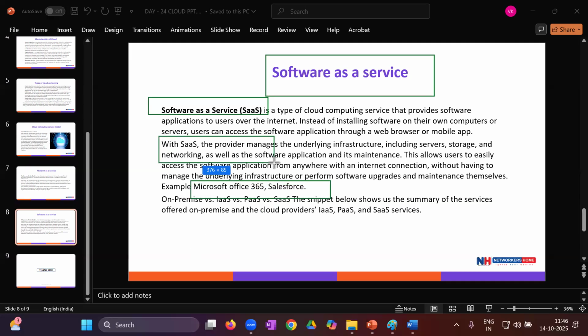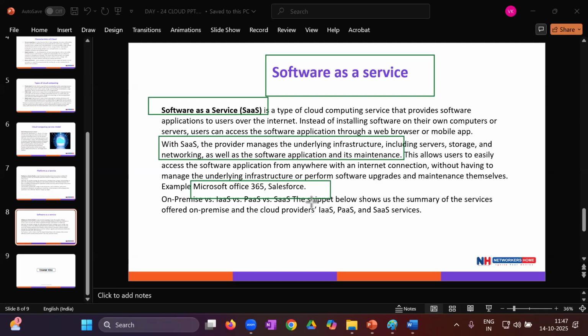With SaaS, the providers manage the underlying infrastructure like servers, storage, and networking, as well as software applications and maintenance. This you have to search: what all things are managed by the client and what all things are managed by the service provider in the case of software as a service, platform as a service, and infrastructure as a service.